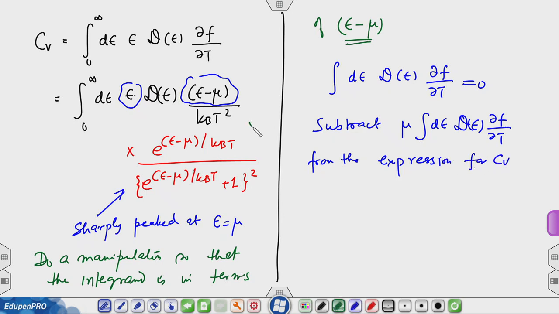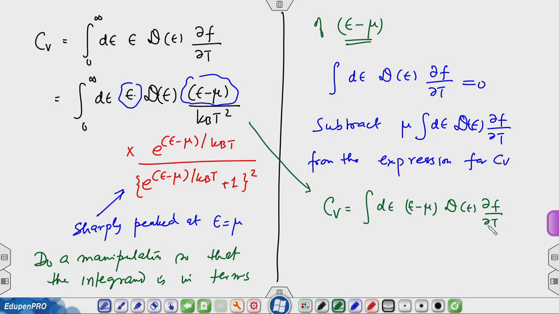That is this expression, so I'll bring it over here. When you do that, you get Cv equals the integral dE (epsilon minus mu) g(E) df/dt.